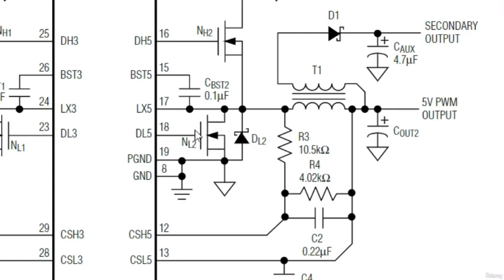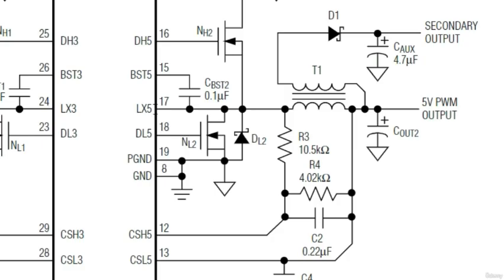Between these two MOSFETs, the 5 volt power management output will be generated and applied to a coil and to a chemical capacitor. This 5 volt is also fed back to LX5 so the power management IC knows whether the 5 volt is generated or not.